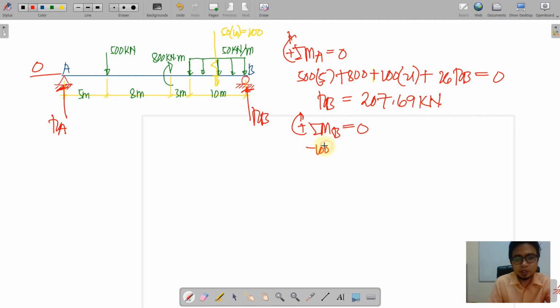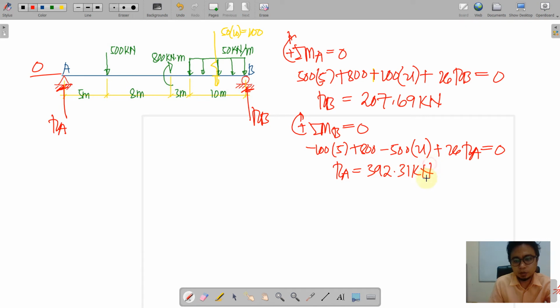Negative 100 times 5 plus 800 minus 500 times 21 plus 26 RA is equal to 0. So RA is 392.31 kilonewton.